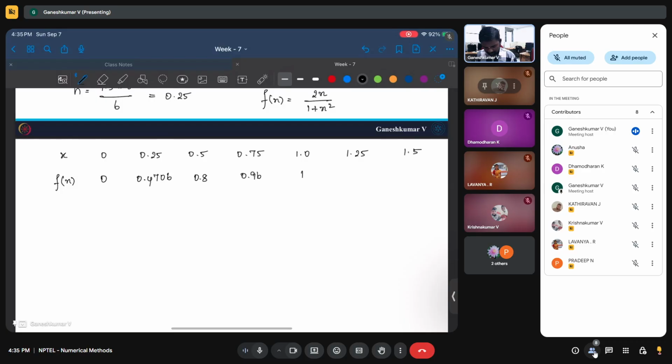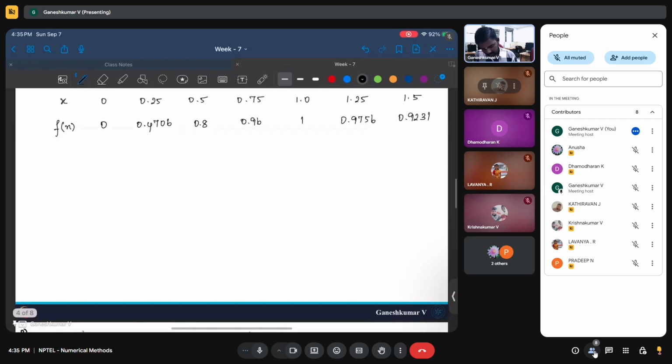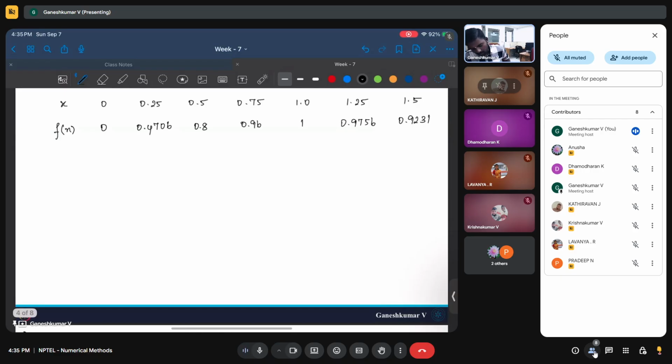Then 1.25 square plus 1, 2 into 1.25, this is 0.9756. And 1.5 square plus 1, 2 into 1.5, the answer is 0.9231. Okay, so these are your tabular data points.